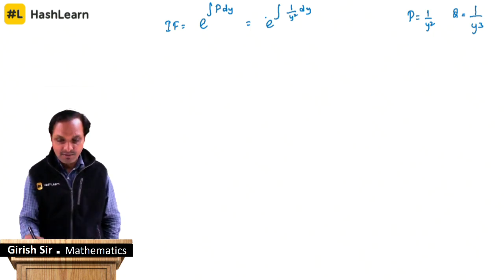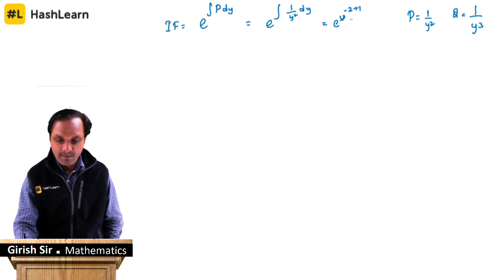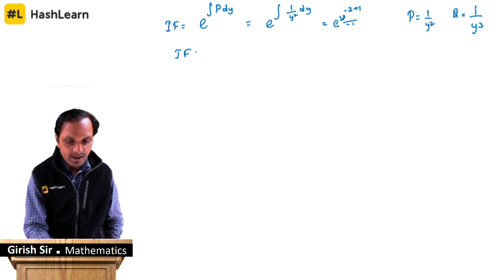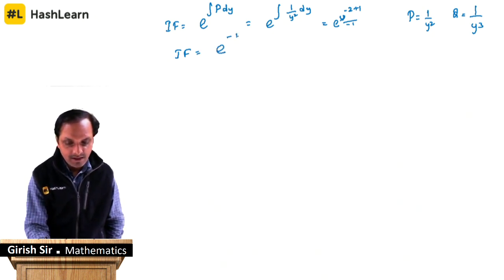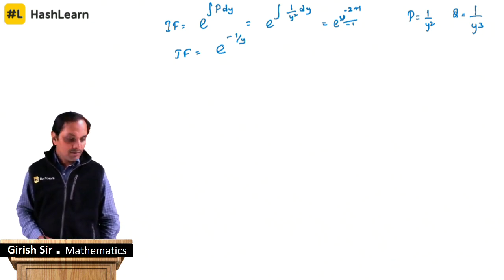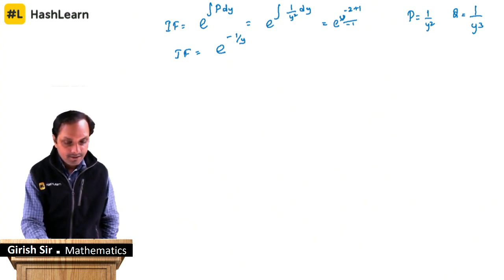Y power minus 2 plus 1 will give you y to the power, that will be minus 2 plus 1 divided by minus 1 you will have. That part will give you your integrating factor as e to the power, यहाँ पे minus sign रहता है, यहाँ पे you will have minus 1 by y in the power. So this is what your integrating factor is.